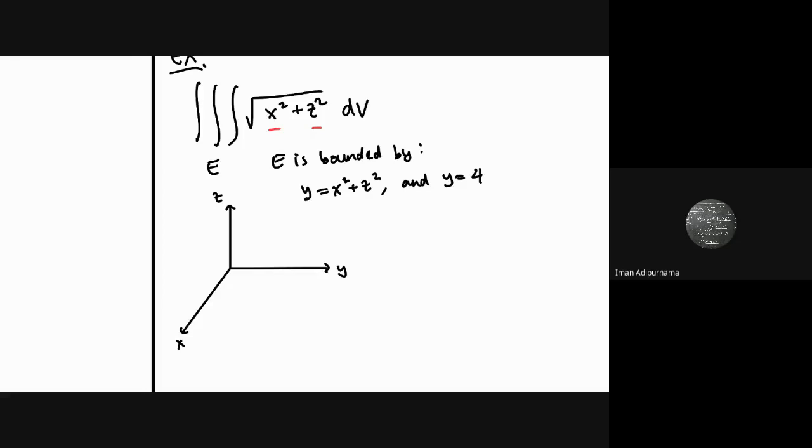Now we have the boundary x squared plus z squared. So maybe drawing here, maybe using blue.